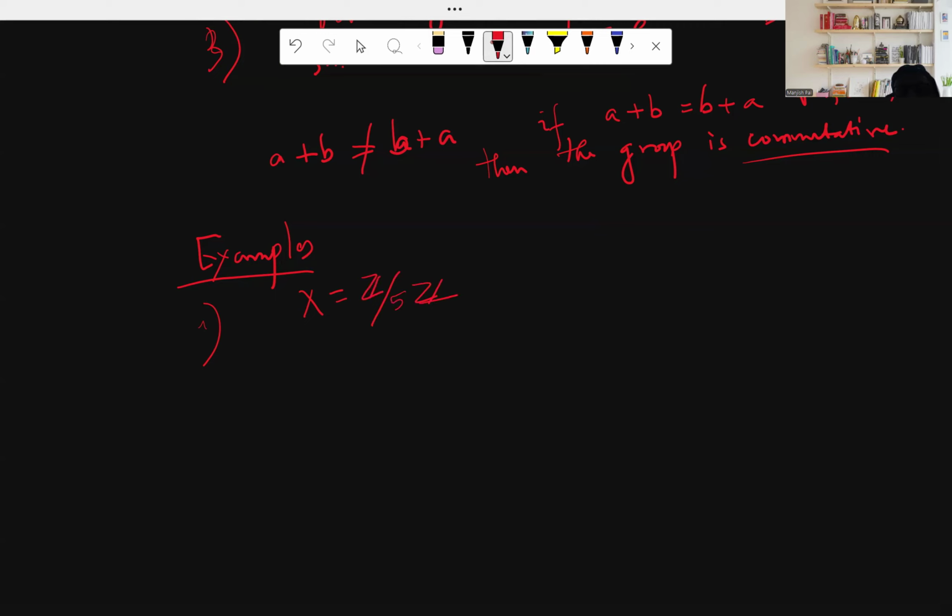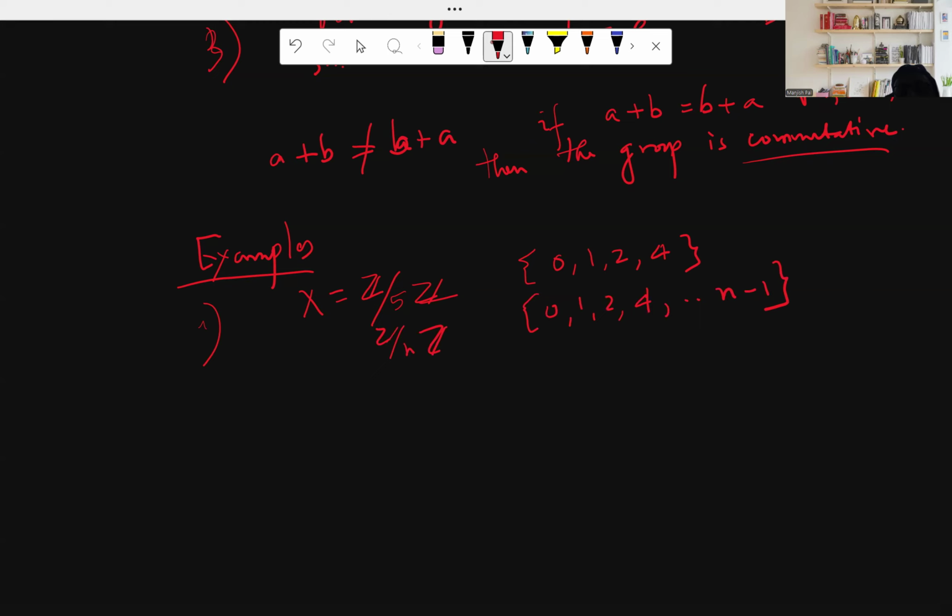The meaning of this is just the set of all numbers which are less than 5. In general, we could have taken X equal to Z mod nZ also, which is the set of all elements up till n minus 1.